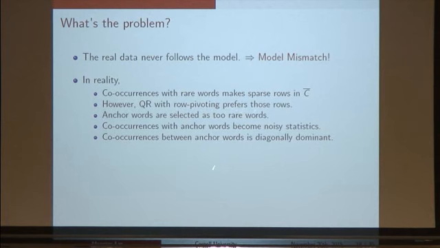But in terms of the matrix algebra, those rows look like very strange or eccentric points of that co-occurrence space. So the QR with row pivoting algorithm prefers to select those rows. Anchor words are selected as rare words, and the co-occurrences with those anchor words become noisy statistics.